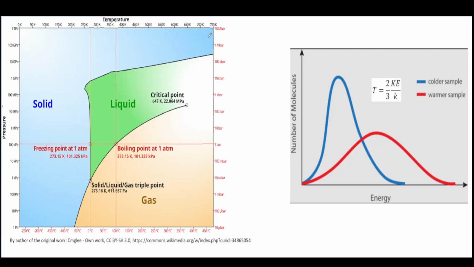So if you go way up in pressure, everything is going to be solid. If you go a bit lower in pressure but high temperature, you're going to be either liquid or gas, and then vice versa, low pressure, low temperature, you've got solid.